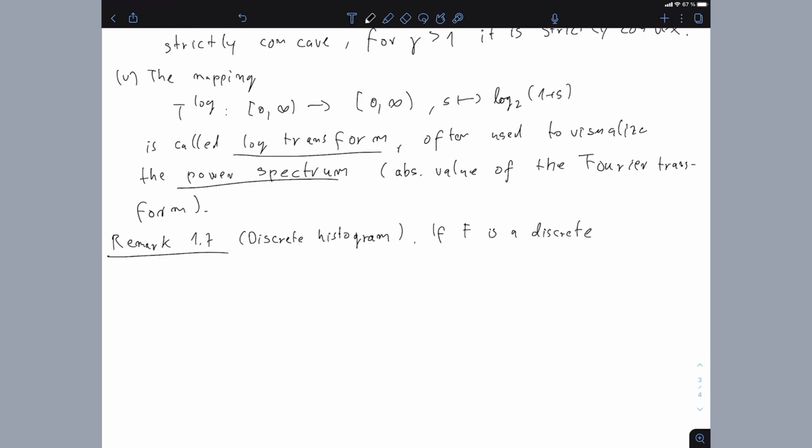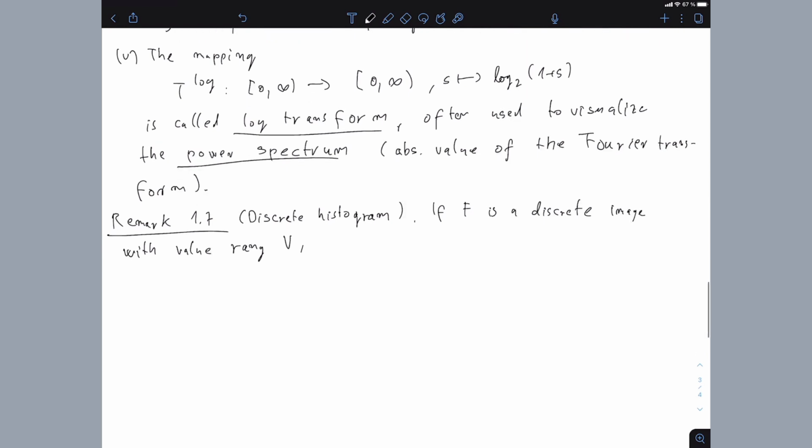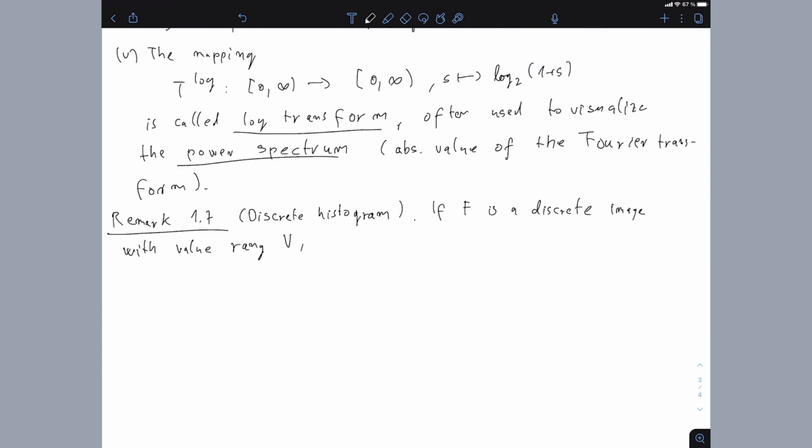So now let's start with a discrete image, capital F, with some value range V. The discrete image is like we defined last time, a D-dimensional array corresponding to a certain grid. Now we define the histogram of that image as a mapping from the value range to the natural numbers, including 0. So this is doing the counting.